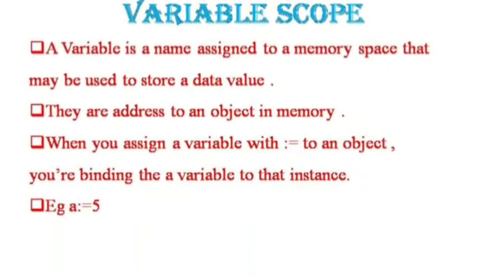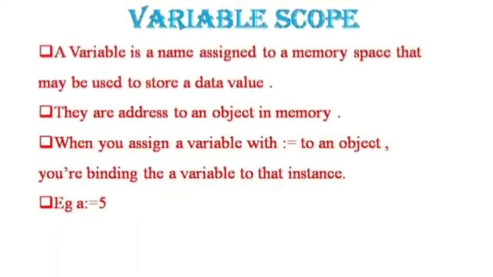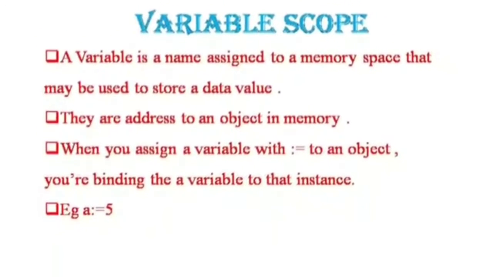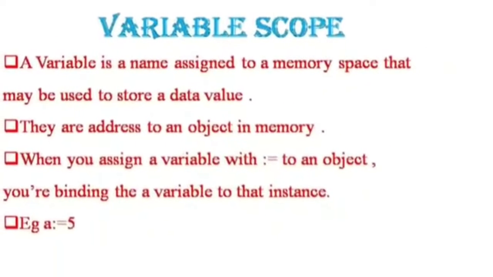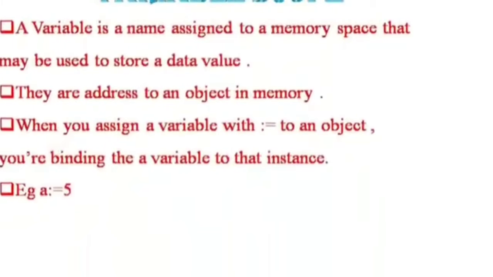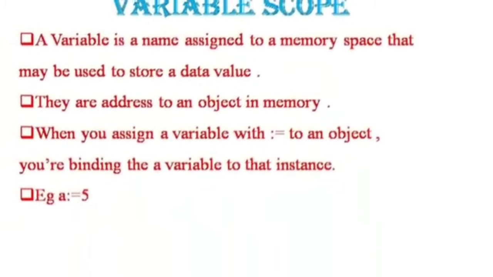First we will see what is a variable. A variable is a name assigned to a memory space that may be used to store a data value. They are addressed to an object in memory.